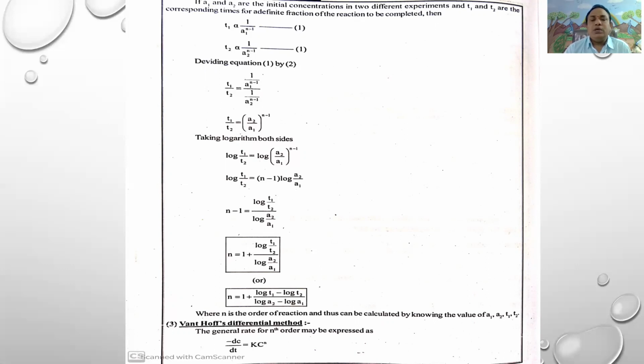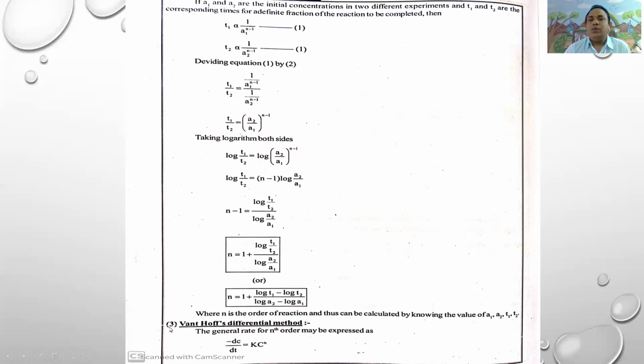Here, by using n equals 1 plus (log t1/2 minus log t2/2) by (log a2 minus log a1), we can calculate the order of the reaction n by substituting the values of concentration terms a1, a2 and half-life periods t1/2 and t2/2.